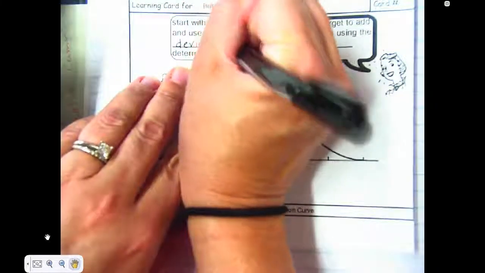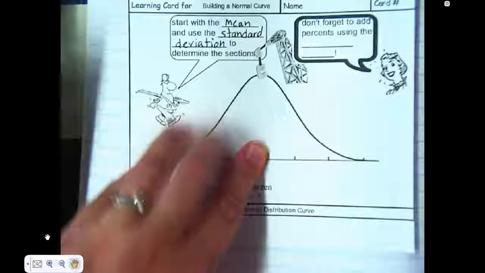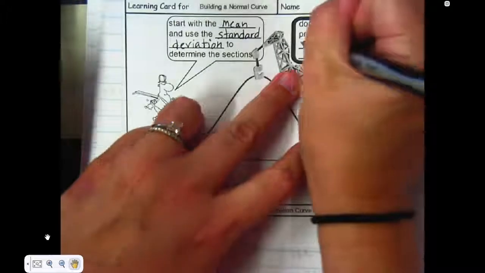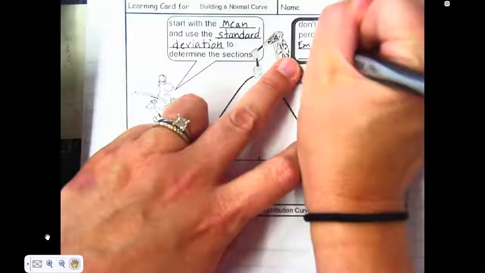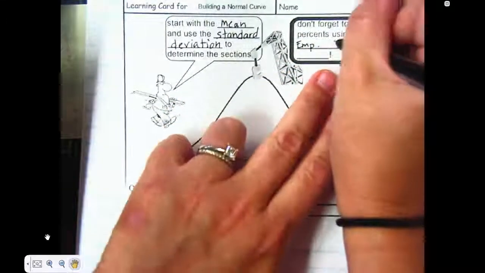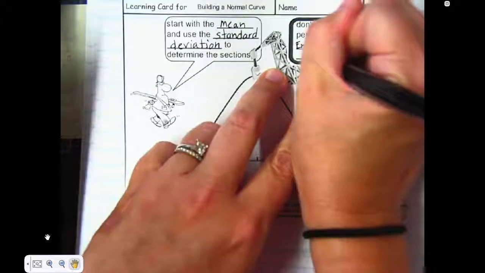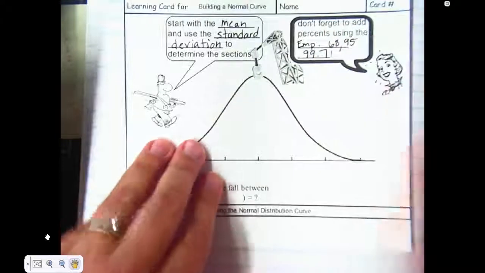So really what we're going to talk about is the amount of data within the number of standard deviations of the mean. Now, your percents are the empirical rule, and pretty much what you need to memorize is this: the 68, 95, 99.7.